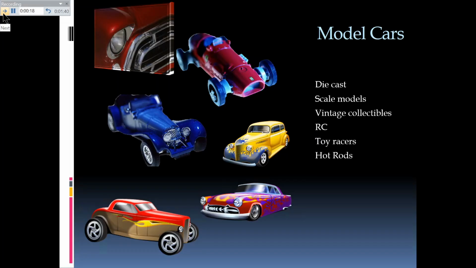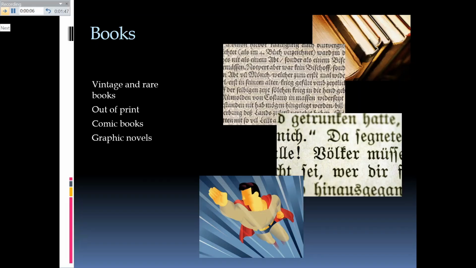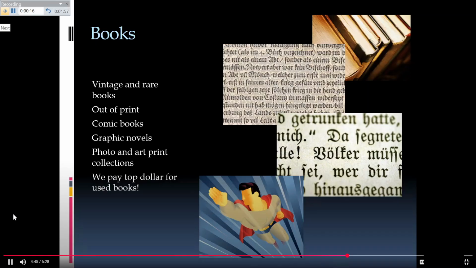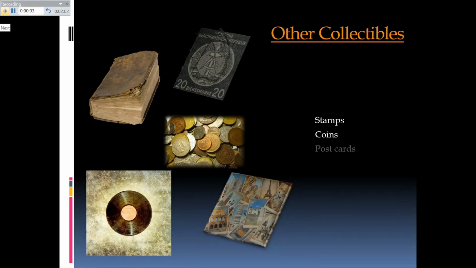Books, vintage and rare books, out of print, comic books, graphic novels, photo and art print collections. We pay top dollar for used books. Look at the pictures. Hit your Next button. Other collectibles, stamps, coins, postcards, records, baseball cards, and spoons. Hit your Next button.